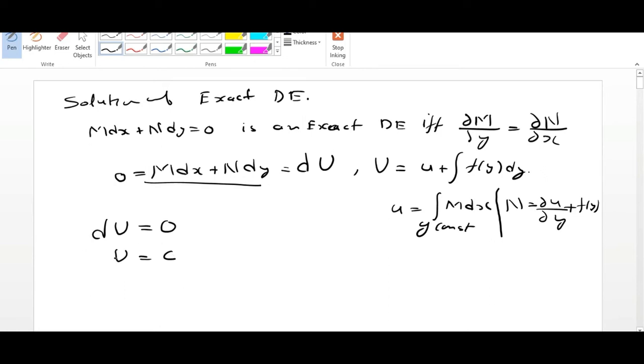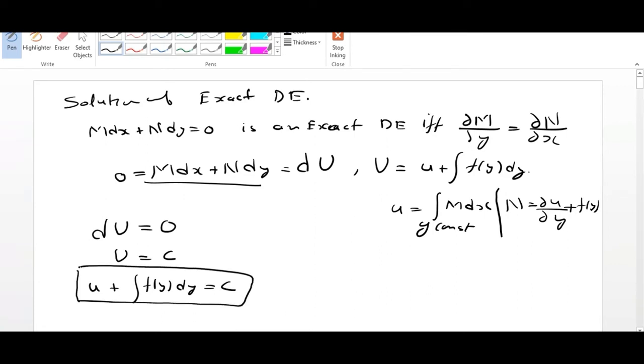Now we know that this capital U is small u plus integral of f(y) dy. So basically this is the solution of the given exact differential equation. The reason is, first, it satisfies the given equation. Second, it is free from the derivatives. Now derivatives are not involved here.